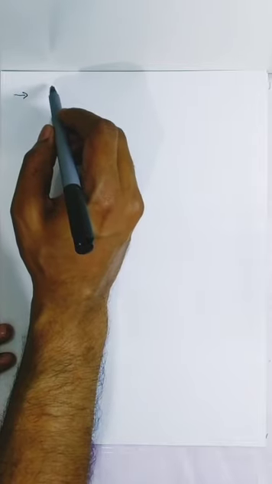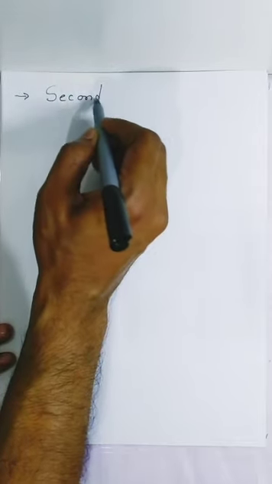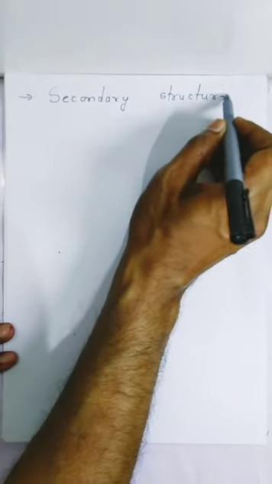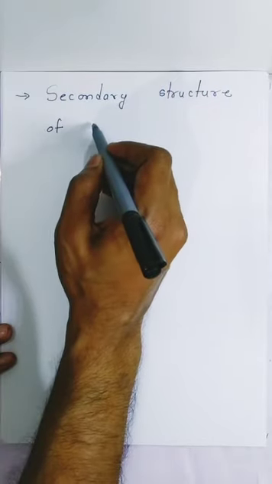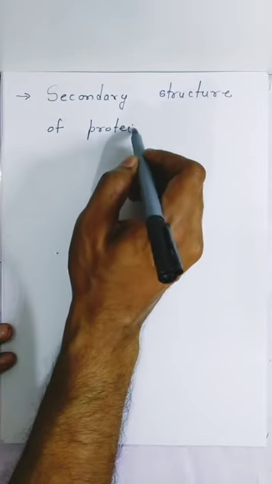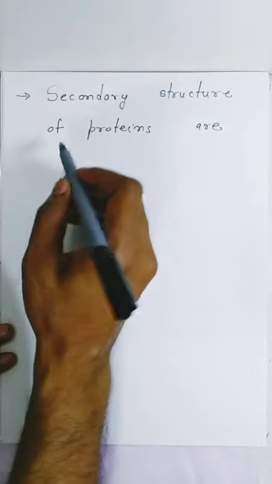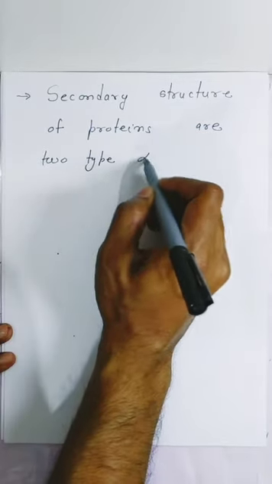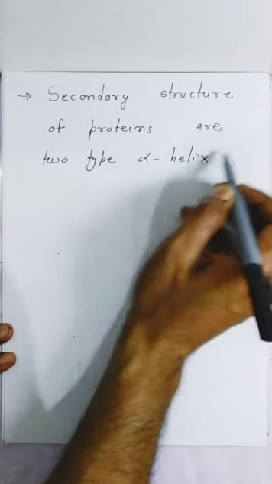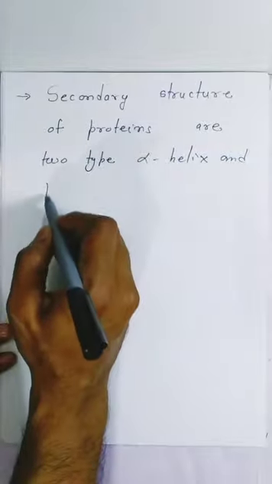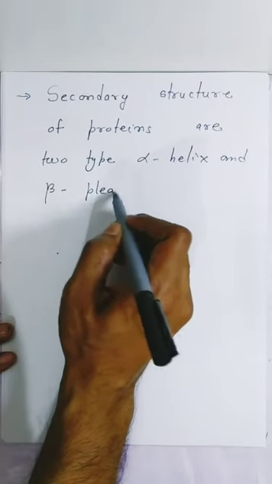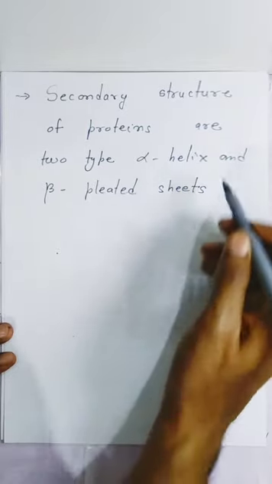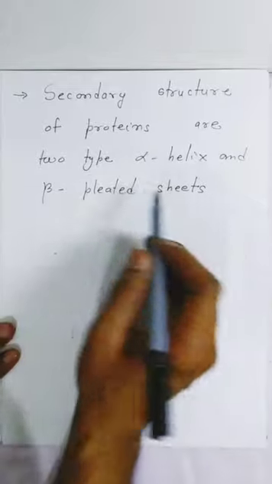Secondary structure of proteins is of two types, alpha helix and beta pleated sheets. How a sheet has only two dimensions, the same thing is happening in the secondary structure.